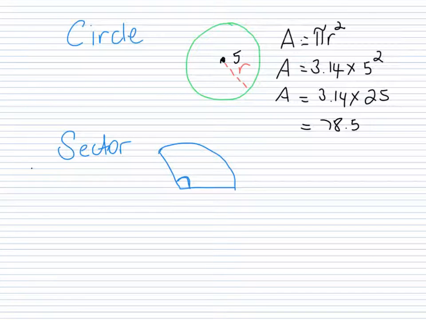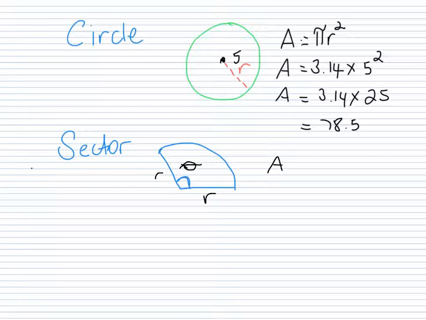Okay, our last one is our sector. So now we have our sector. We have our radius here. We also have our degrees. For here, we don't know what our degrees are at this stage. You'll find it like a little 0 with a line through it. So our formula for our sector, so this is a sector of a circle.